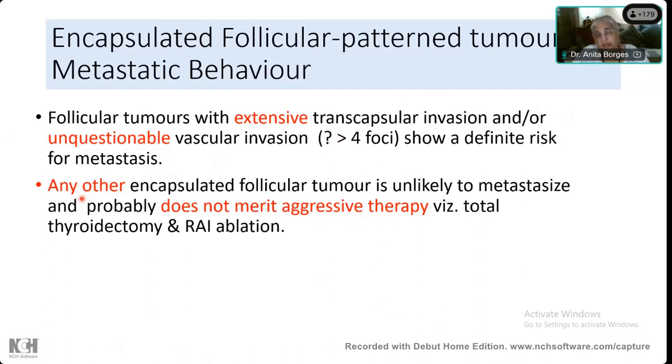Of course, call it a minimally invasive follicular carcinoma, but make certain that you say that it is 1 or 2 foci and not extensive transcapsular invasion, okay? Any other encapsulated follicular tumor is unlikely to metastasize and probably does not merit aggressive therapy. And what is that aggressive therapy? Total thyroidectomy and/or radioiodine ablation.